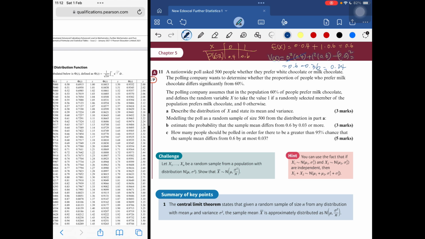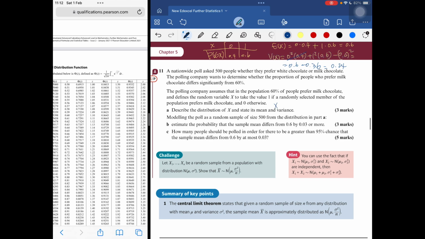Modeling the poll as a random sample of size 500, estimate the probability that it differs from 0.6 by 0.03 or more. So it means from 0.57 to 0.63. So let's calculate it.